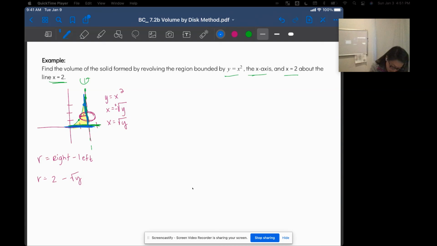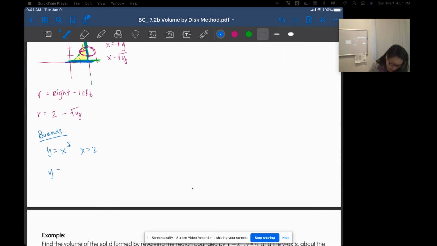So we can figure out the bounds by saying y equals x squared when x is equal to 2, so y is going to equal 4. I'm basically substituting in 2 for x to just solve for the y value.